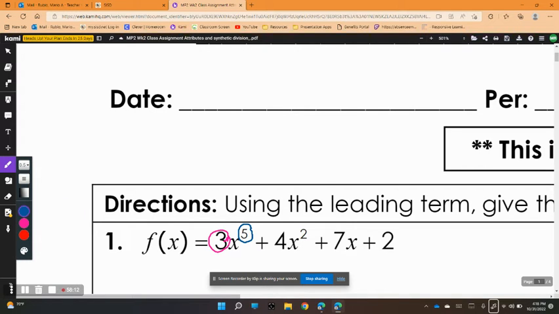First we're going to look at the power. The power is either going to be an even power or an odd power, meaning like 2, 4, 6, 8, or 3, 5, 7, 9, and so forth.